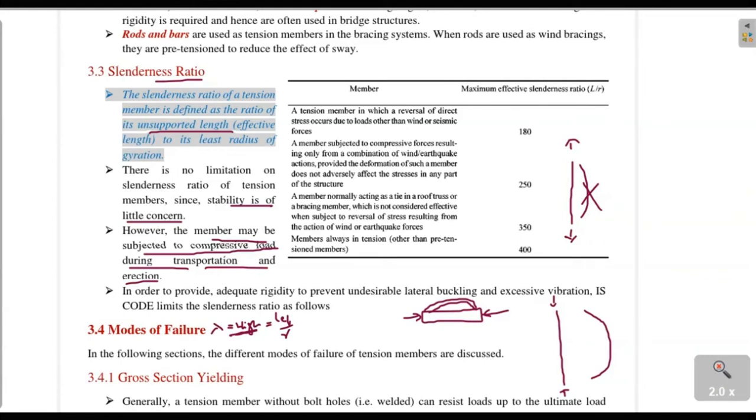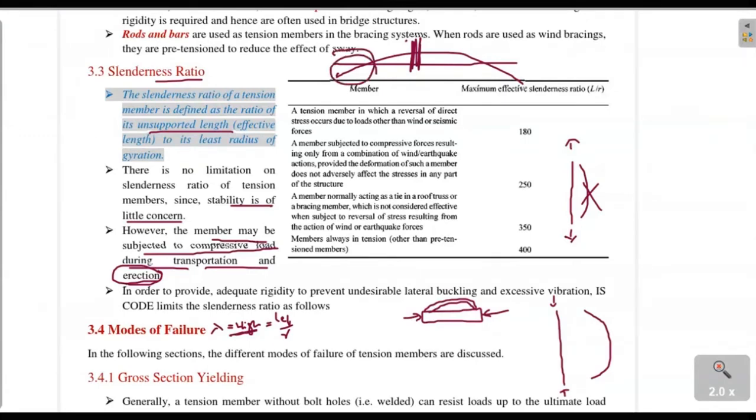For example, there is a big tie beam, and this tie beam has to be lifted above by using a crane. So you have to erect that member, or maybe transport that member. In such cases, if this member is long and slender and the crane is holding at this portion, it is going to bend in this way.